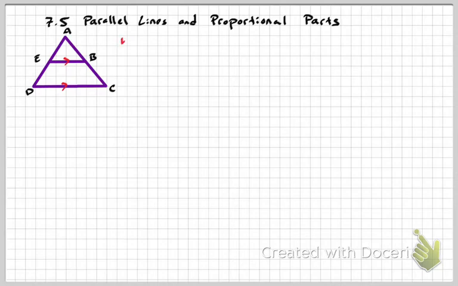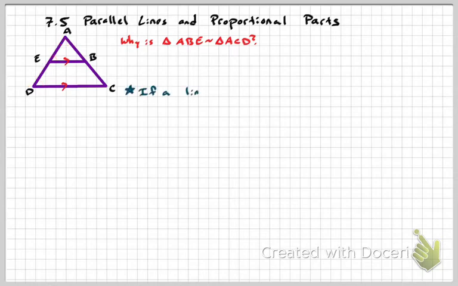Okay, so first thing is we know that they're similar because remember we have that reflexive angle at the top, so angle A is the same in both triangles, and then you have your corresponding angles here because of the parallel lines, this being the transversal. So those two triangles are similar via angle.